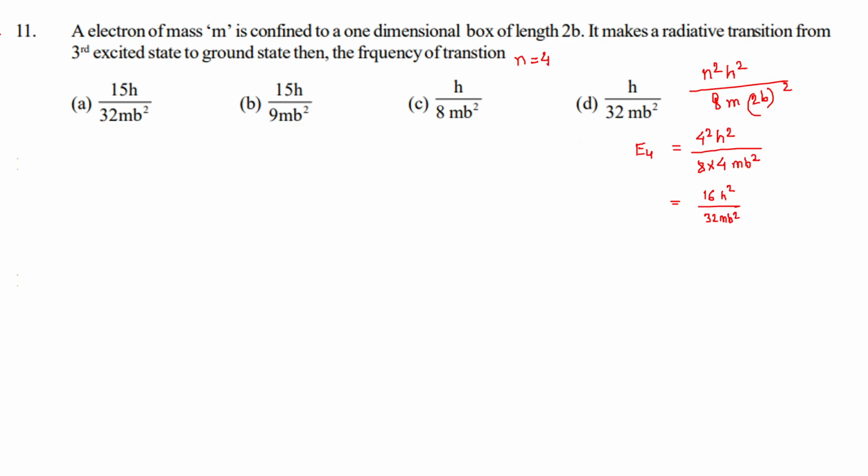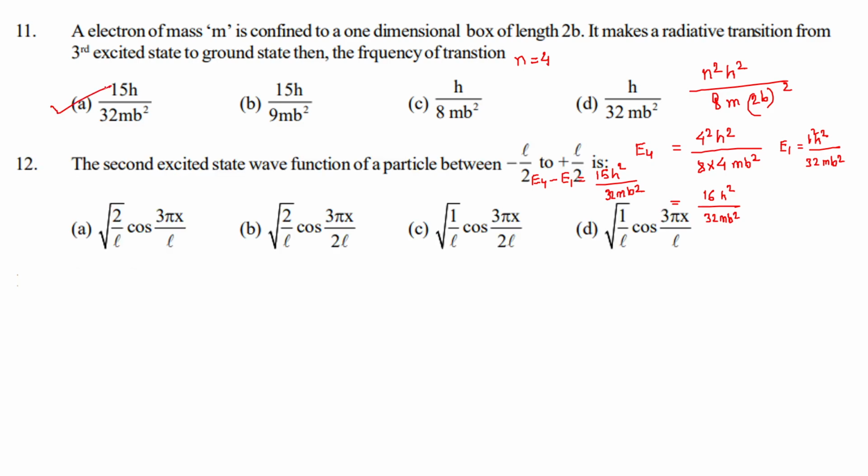Now the electron is coming to the ground state. So the energy of the ground state is obviously h square by 32 m b square, because it's 1 square, right? So now delta E is E4 minus E1, that is 15 h square divided by 32 m b square. So the first option is correct.